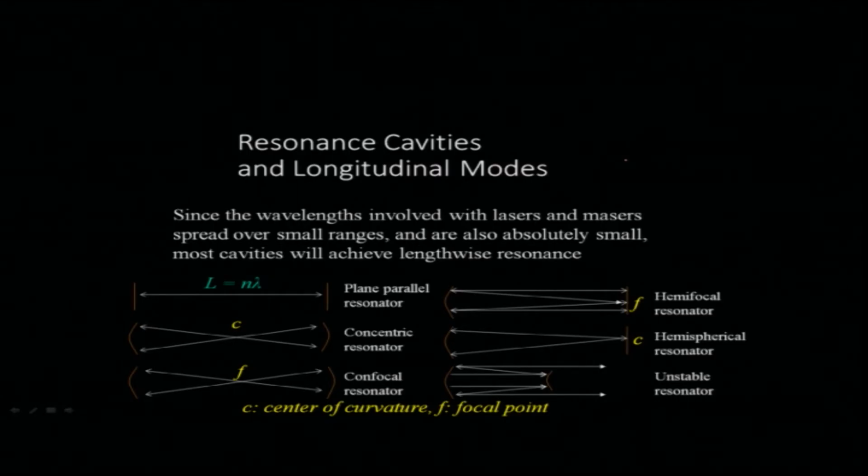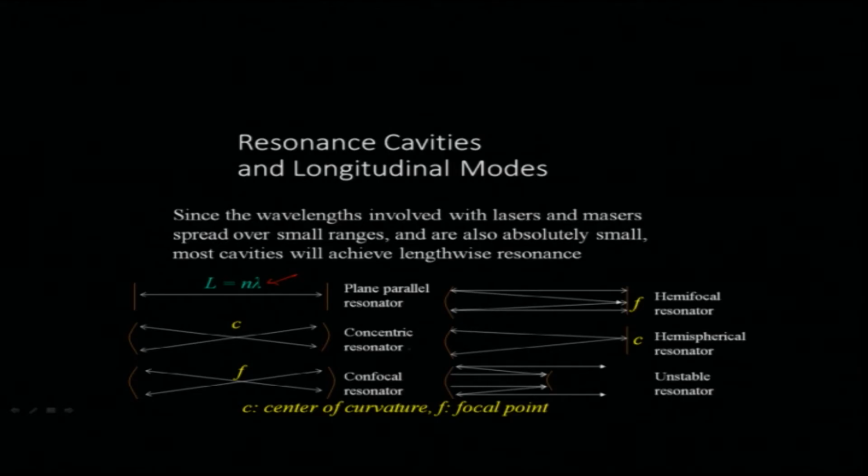The other important aspect is the resonance cavity and the longitudinal modes which occur. The wavelengths involved with lasers and masers, for example, spread over small ranges and are also absolutely small. So, most cavities will achieve lengthwise resonance, because that is only in terms of some lambda, and you can have the cavities set up in terms of the curvature of the mirrors, for example if both are concave.